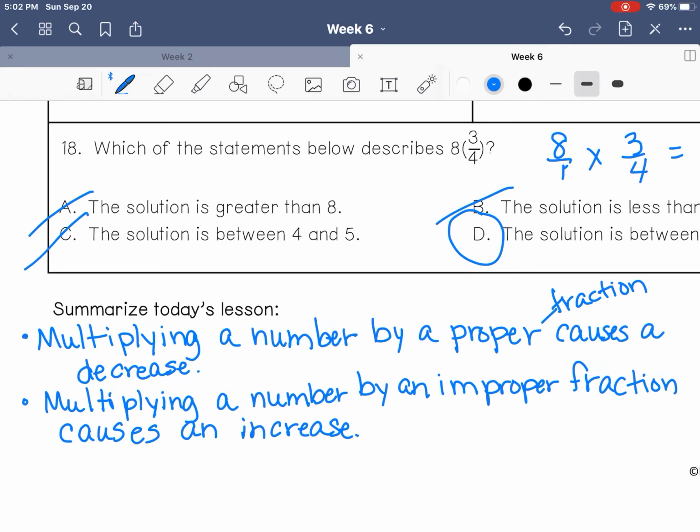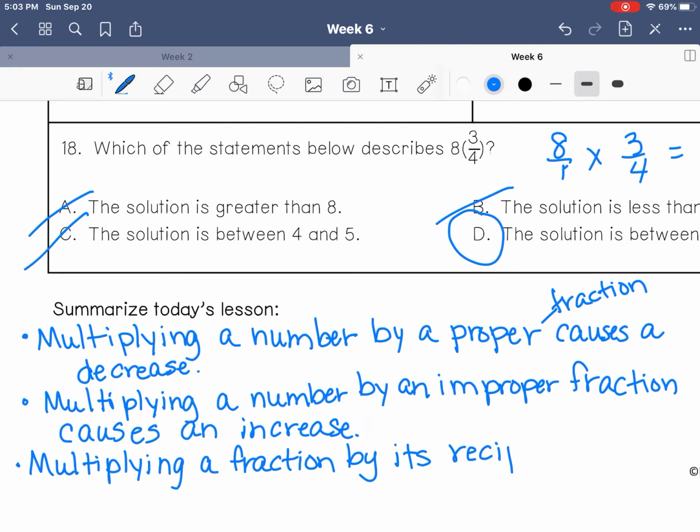Okay, a proper fraction causes a decrease. Also, multiplying a fraction by its reciprocal will always equal a product of 1. That's going to be very helpful when you get into algebra.